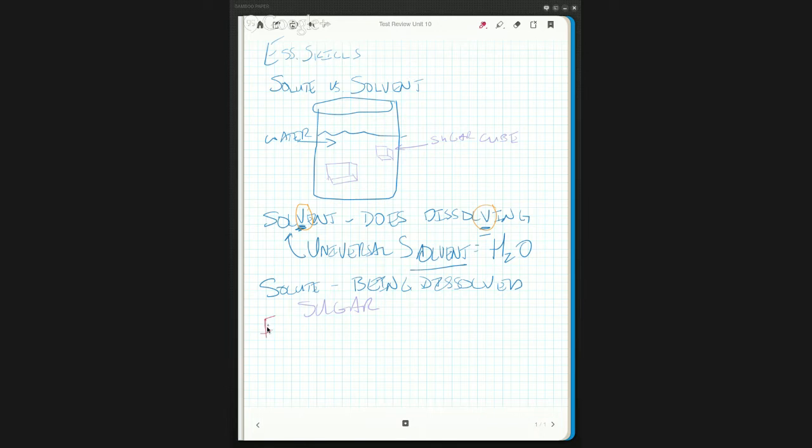So factors affecting rate, okay? Factors affecting rate. Well, if you want to dissolve something, you tell me, what would you do? Right? The first thing, you would probably agitate it. You would probably stir it up. Okay? And that's called agitation.